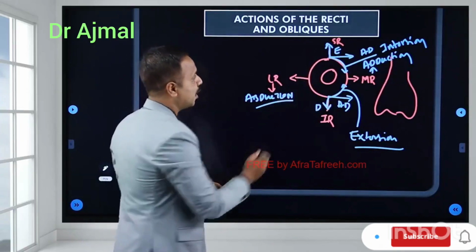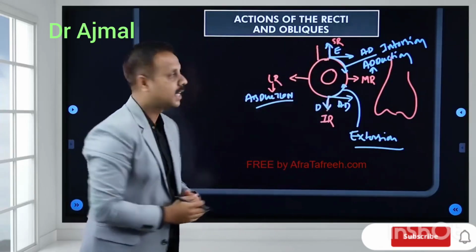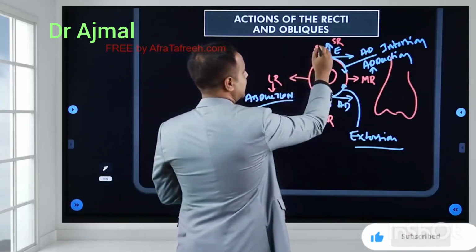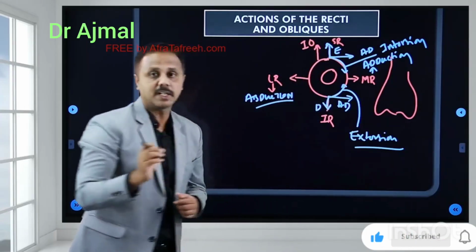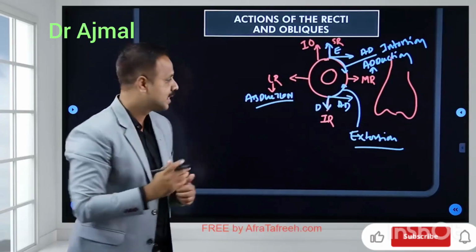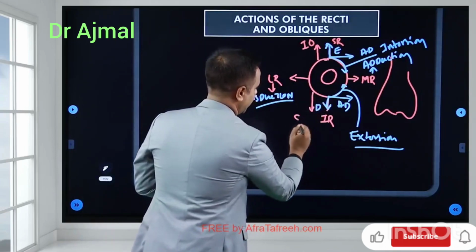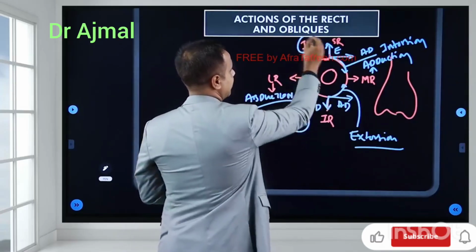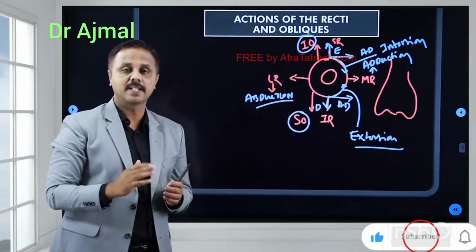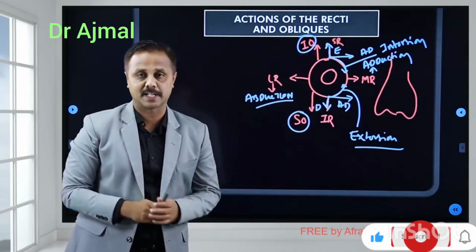The actions of obliques are slightly different, right? Remember, the elevation of the eyeball is brought about by inferior oblique, not superior oblique. Similarly, the depression of the eyeball is brought about by superior oblique. So please remember this. The obliques have exact opposite action to those of superior and inferior recti.